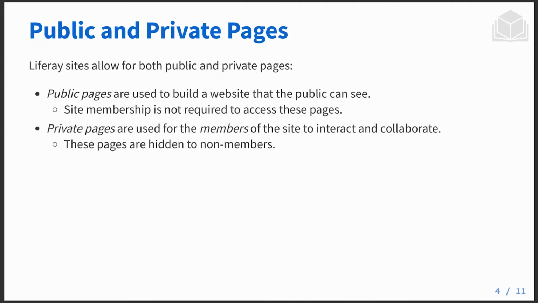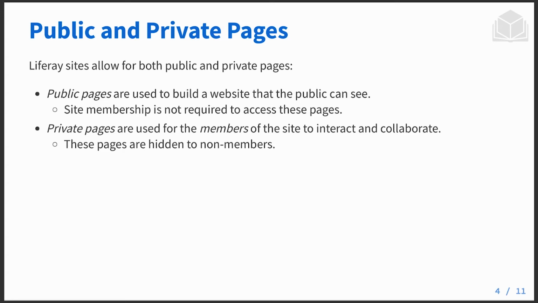The other facet of a site that you can control is the kind of pages that you have. If open, restricted, or private are the options in terms of membership, you can also have public or private pages. Public pages are pages that are open to the public.